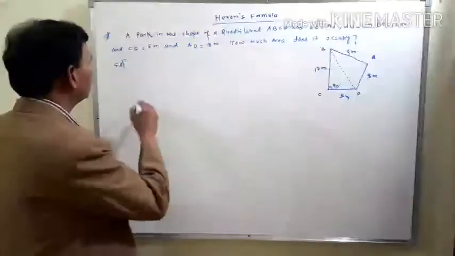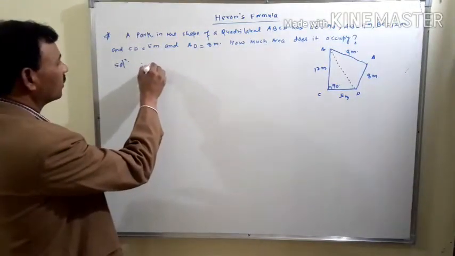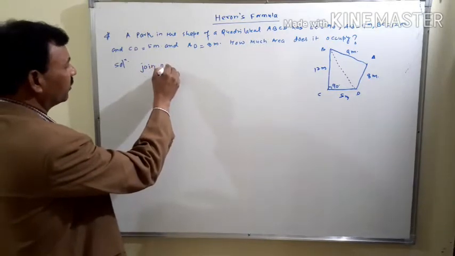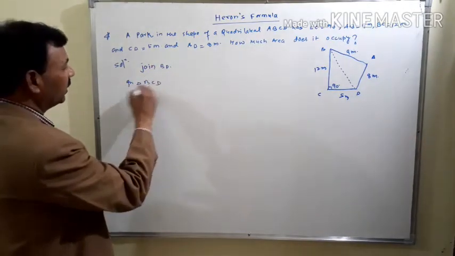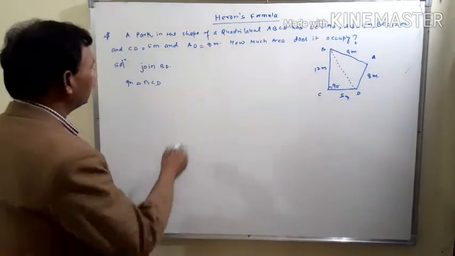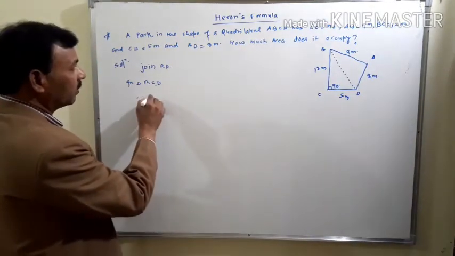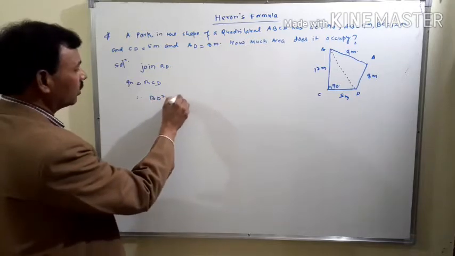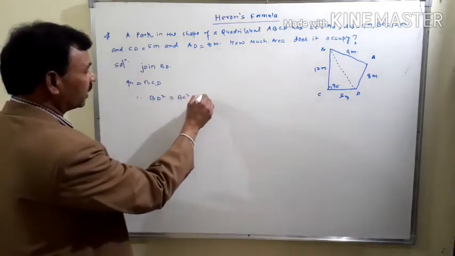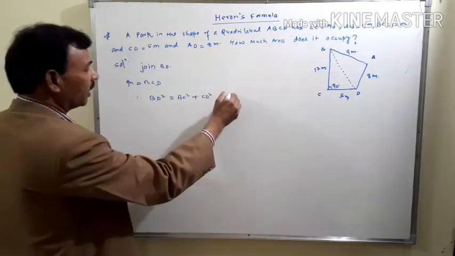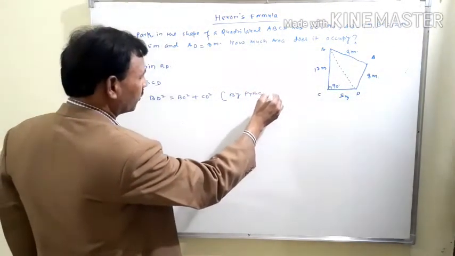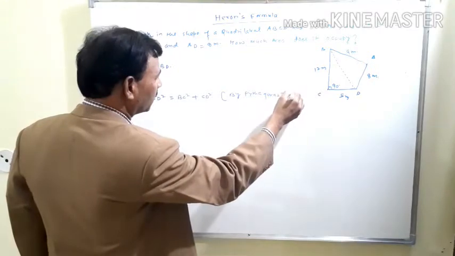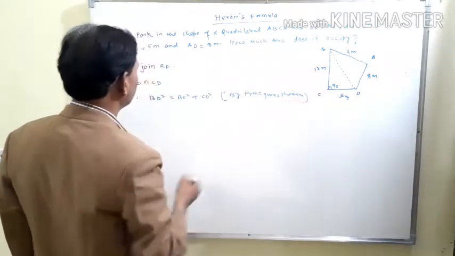Now here first join BD. Now in triangle BCD, this triangle is a right angle triangle. Therefore, BD square equal to BC square plus CD square by the Pythagoras theorem.